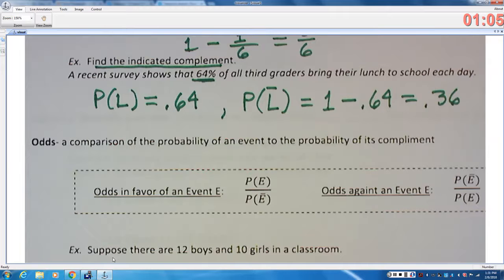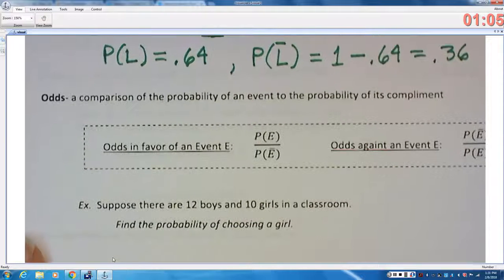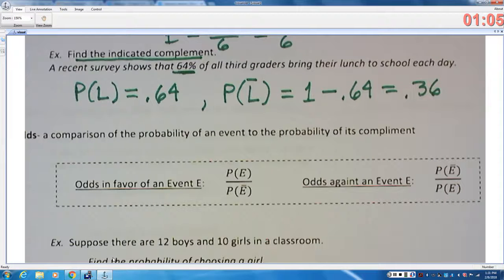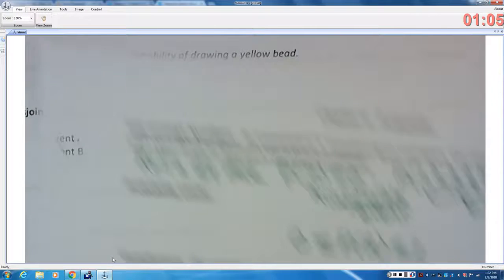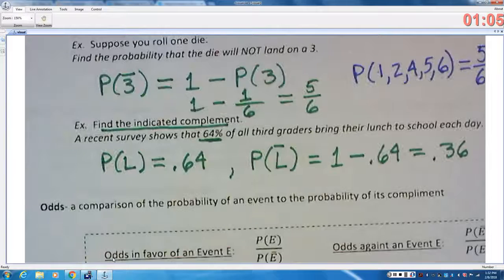Okay, how are we doing? All right, and we're going to talk about odds. We'll be stopping pretty soon, let's see.